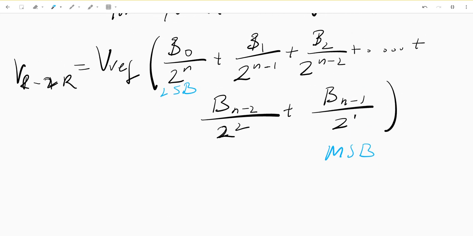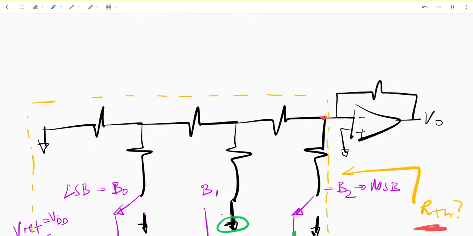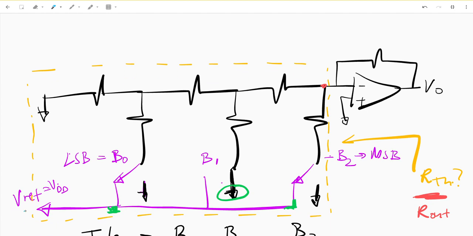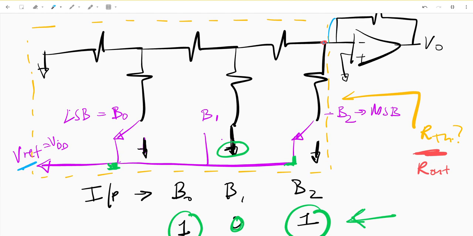So now a quick example of this, given the circuit where we have Vref and we have a voltage output here, Vout. This is the circuit from before.